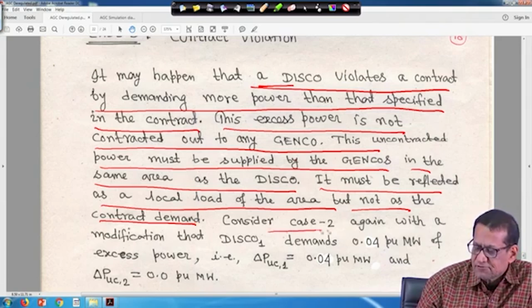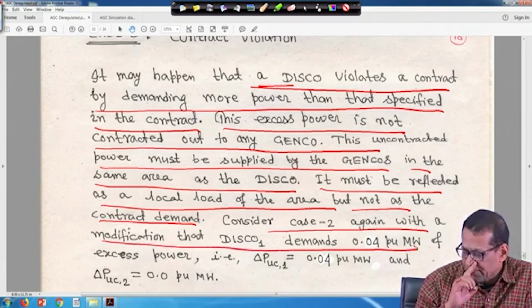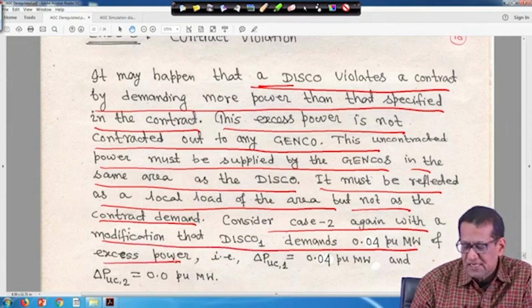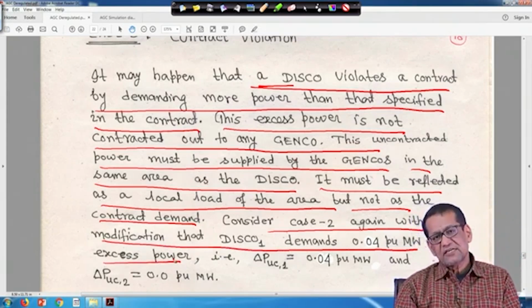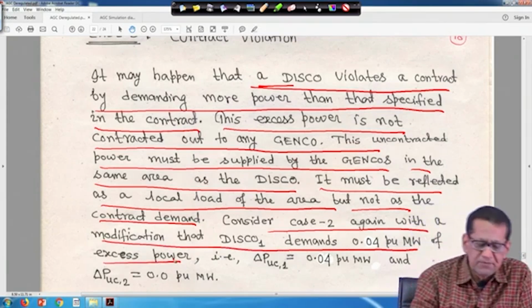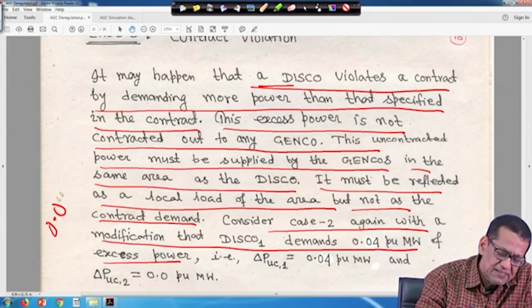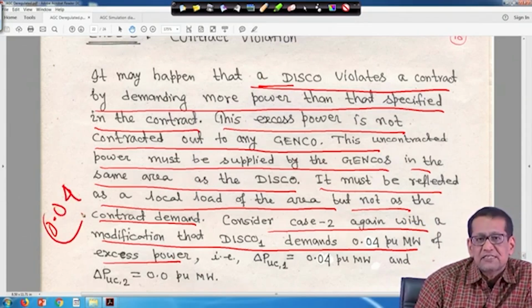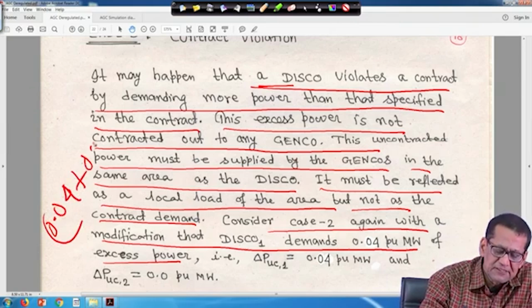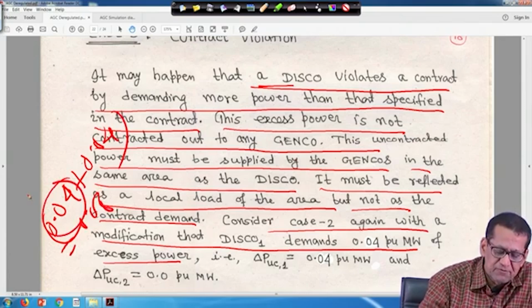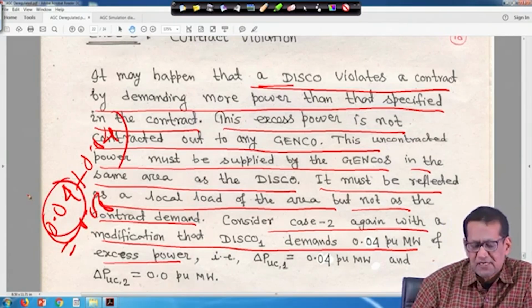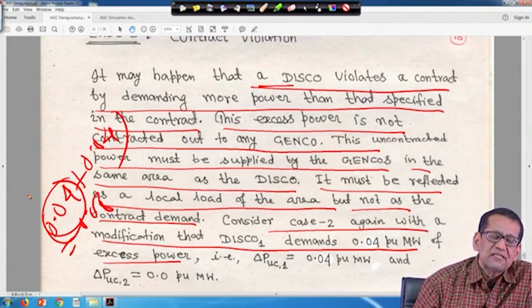Now, consider case 2 again with a modification that DISCO 1 demands 0.04 per unit megawatt of excess power. I mean it has a contract power of 0.04 per unit megawatt, it has already 0.04 per unit megawatt. In addition to that, it also wants 0.04, that means total now 0.08, but this 0.04 was contracted power, but the other 0.04 is uncontracted.